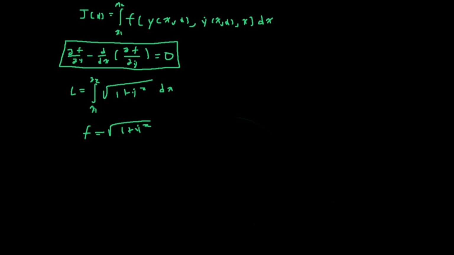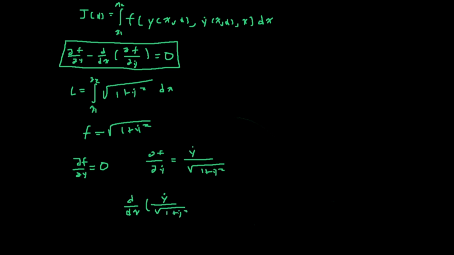If we evaluate every derivative in here, partial f over partial y is just going to be equal to 0 because y does not appear anywhere in the equation for f. And partial f over partial y prime is just y prime over the square root of 1 plus y prime squared. Therefore, d over dx of this, y prime over the square root of 1 plus y prime squared, is equal to 0.